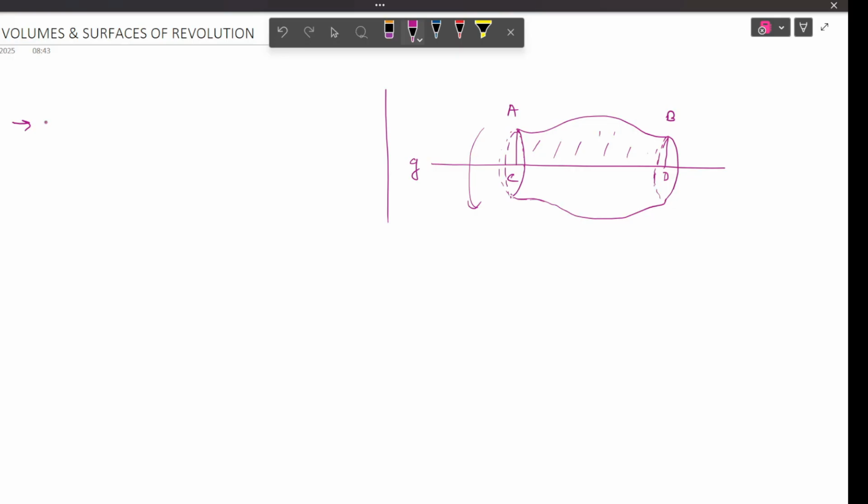So our first topic is volume of revolution, the axis of revolution being x-axis.